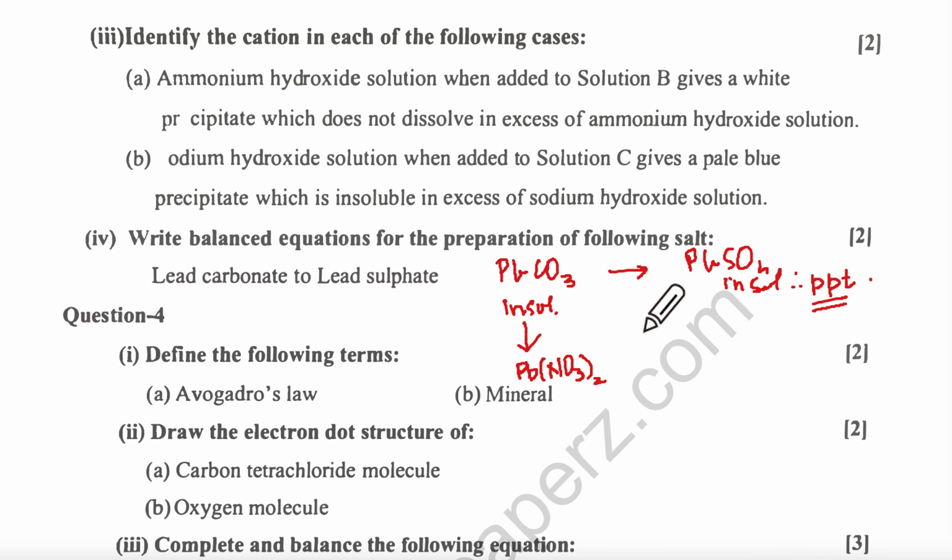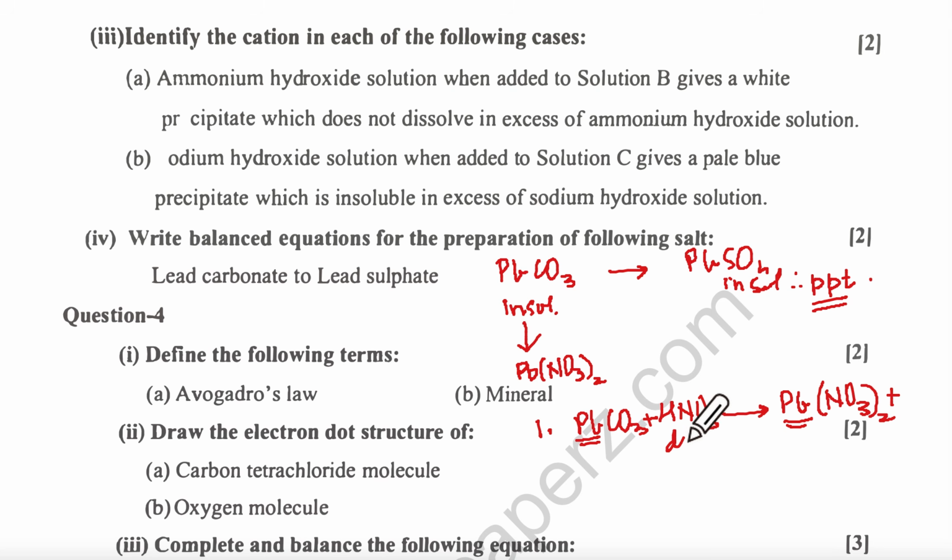Understanding? So what will be my step A? Step number one is PbCO3 plus dilute HNO3. Those who do not know how to react this: Pb will come from here, and for NO3 you will write the nitric acid, but dilute.